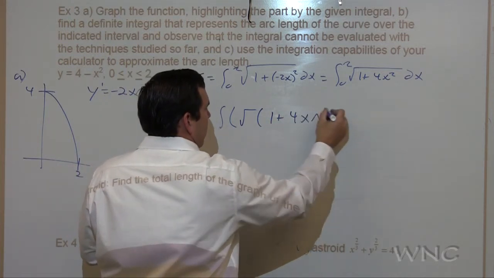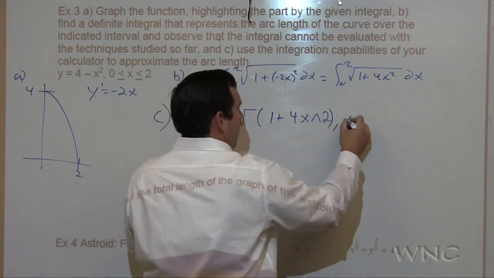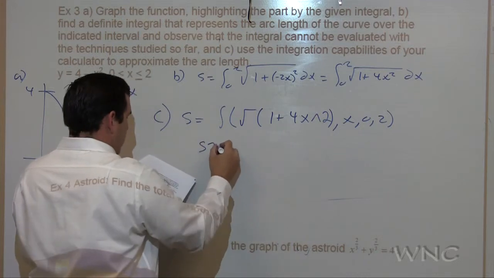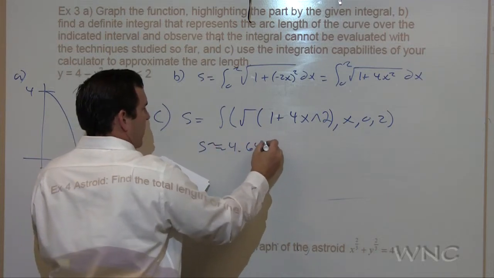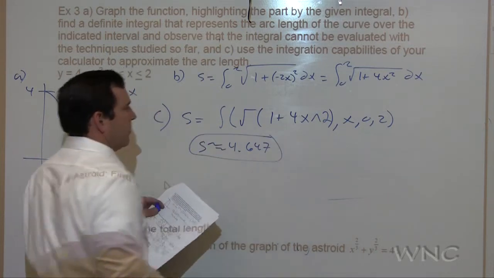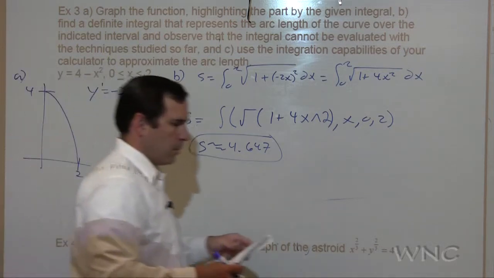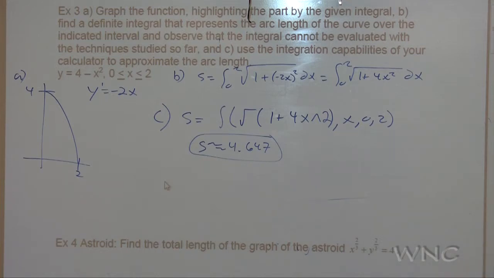This is 4x, fine. Comma x, comma 0, comma 2. So S is approximately 4.647. Let's go on to the next one.